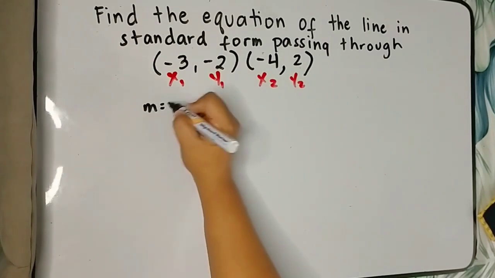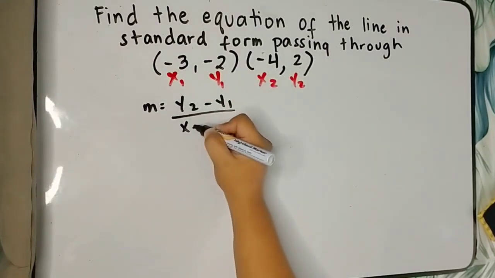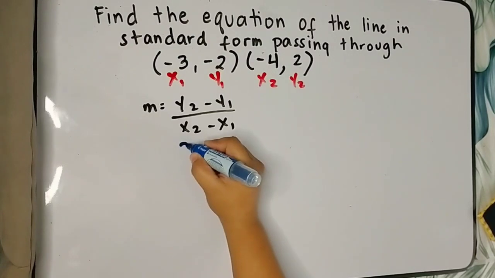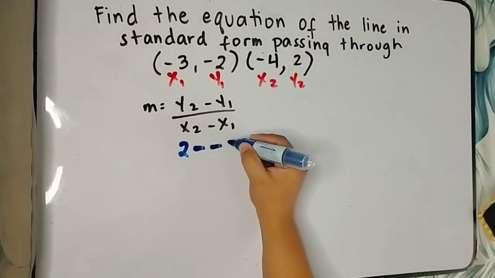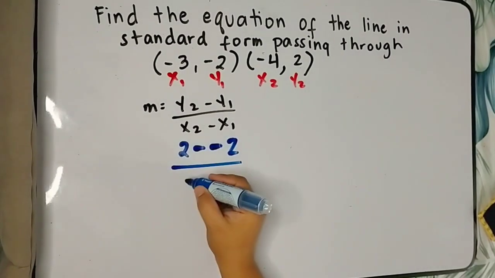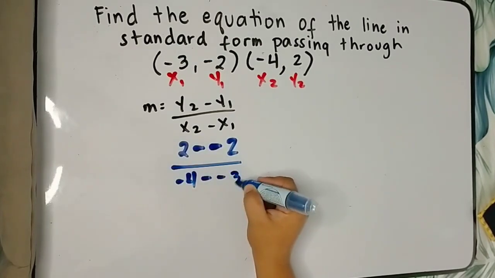So, m equals y sub 2 minus y sub 1 all over x sub 2 minus x sub 1. So, we're going to have y sub 2, 2 minus y sub 1, negative 2 all over x sub 2, negative 4 minus negative 3.